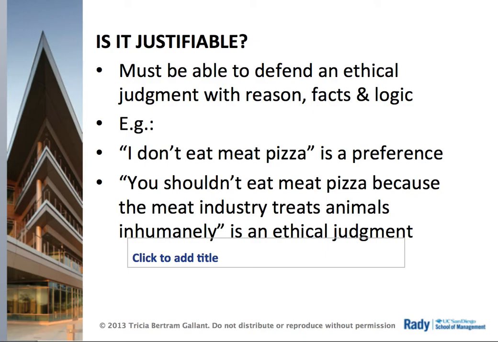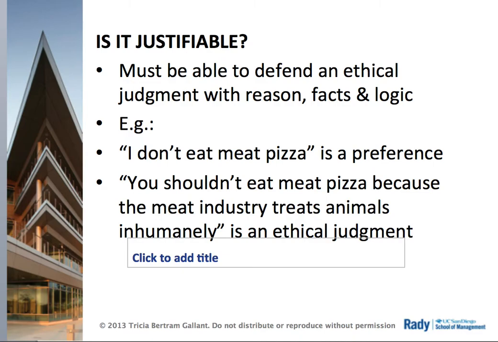Thirdly, is the judgment or decision justifiable? You must be able to defend an ethical judgment with reason, facts, or logic. This takes us back to Unit 1, where we talked about the difference between standards of personal preference, etiquette, professional, legal, regulatory, or ethics.